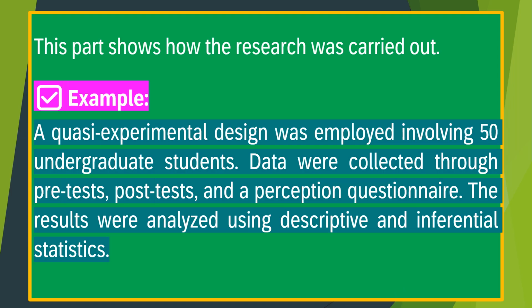This part shows how the research was carried out. Example. A quasi-experimental design was employed involving 50 undergraduate students. Data were collected through pre-tests, post-tests, and a perception questionnaire. The results were analyzed using descriptive and inferential statistics.